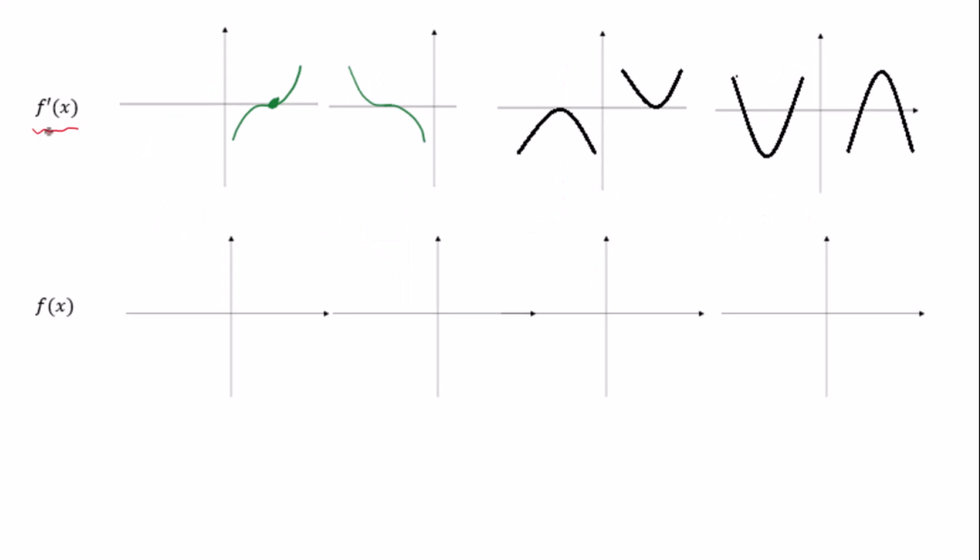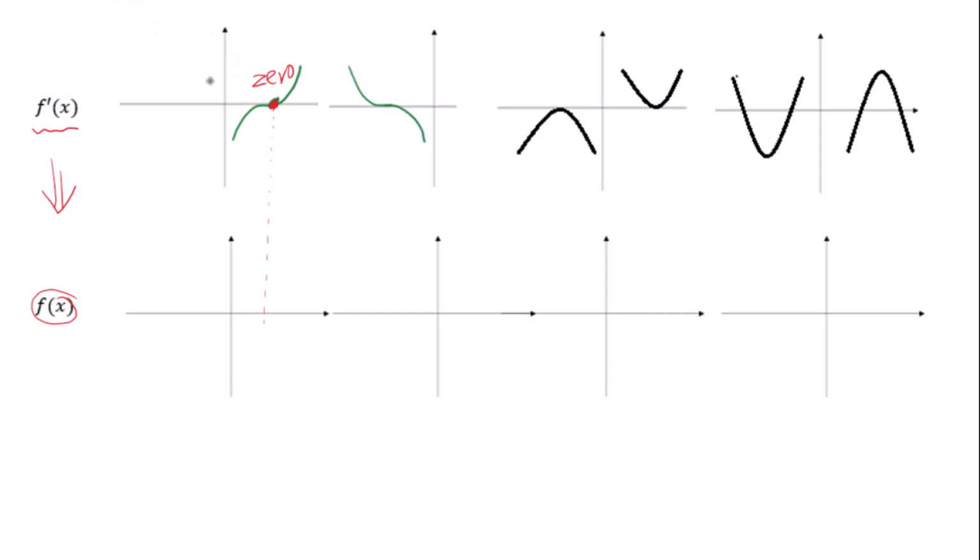We are given the graph of f prime of x. We try to sketch the graph of f of x. From f prime of x to f of x, the answer is not unique. This is 0.